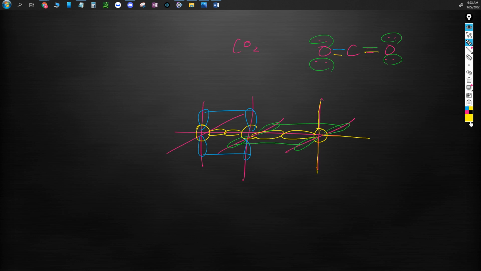I can draw with this color where the lone pair electrons are occupying that. And here we have another fan-looking thing, but this is going to be the z-axis and the y-axis, not the vertical, because the vertical part is occupied by this double bond area. So we have another pair coming in.